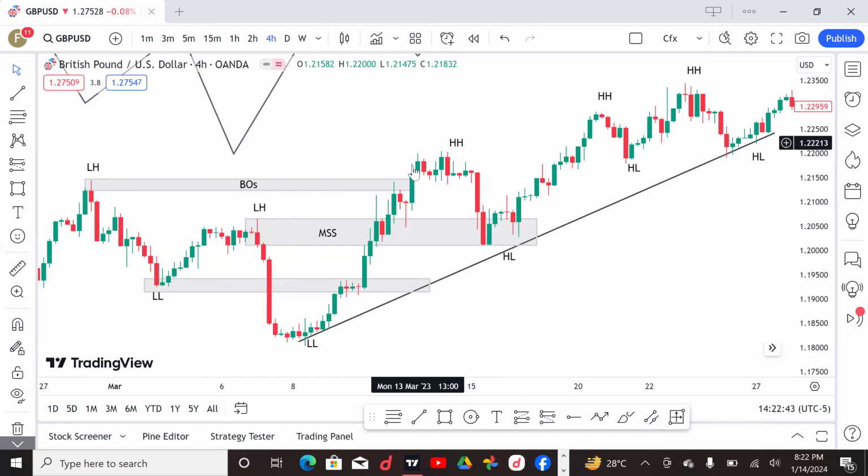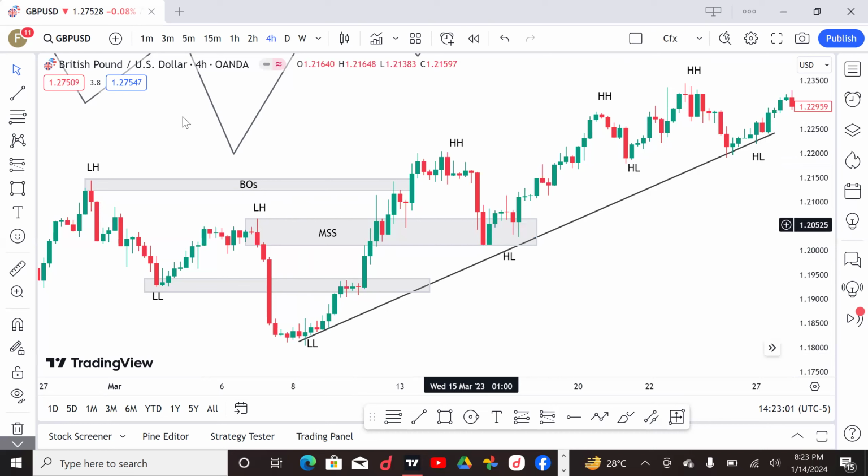What happened is price rallied up and broke this lower high, telling you that, man, I want to go up. I'm ready to go up. So what you do is wait for the retracement. You can see price coming back to retest that other block.